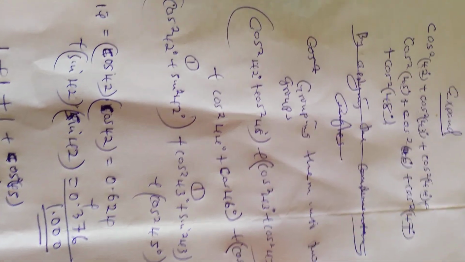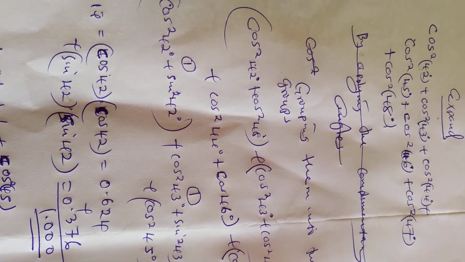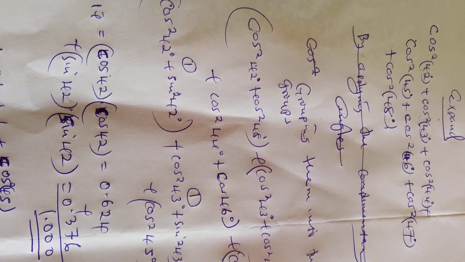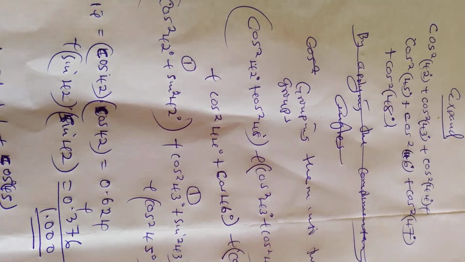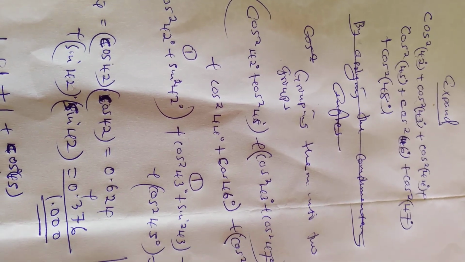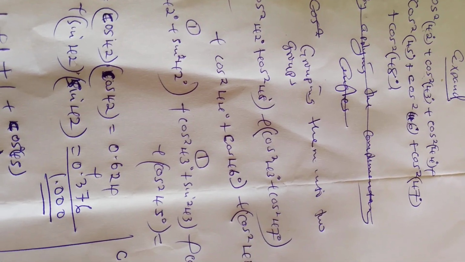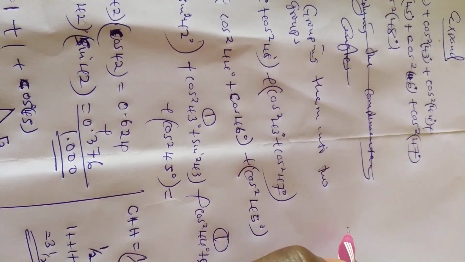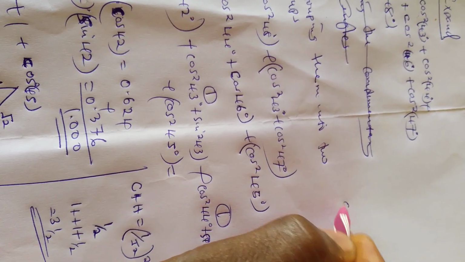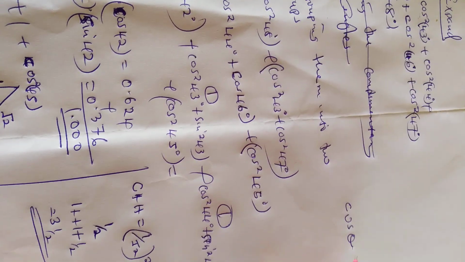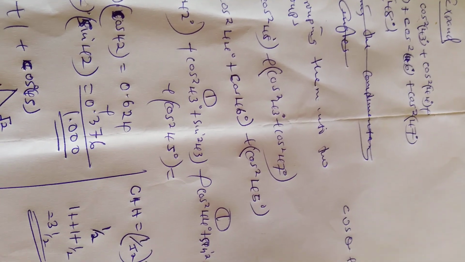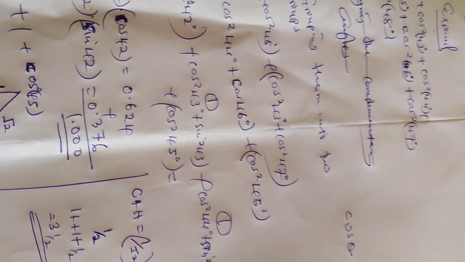You group them into two groups, and in this case you consider the concept of complementary angles. Complementary angles are angles that when you add them, that is theta plus theta, give you what? 90.